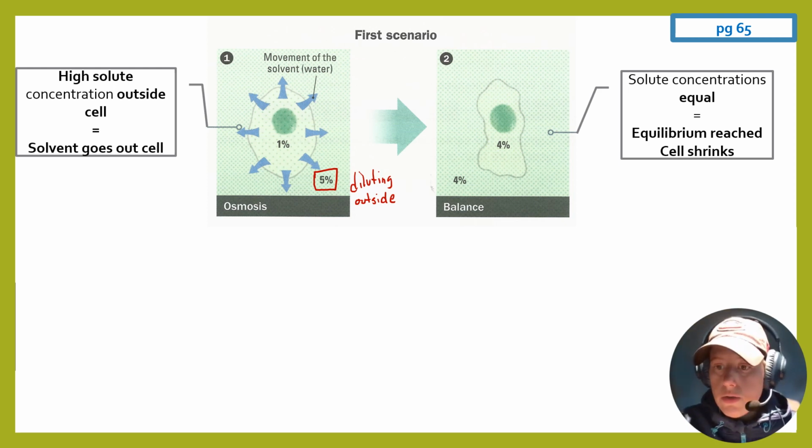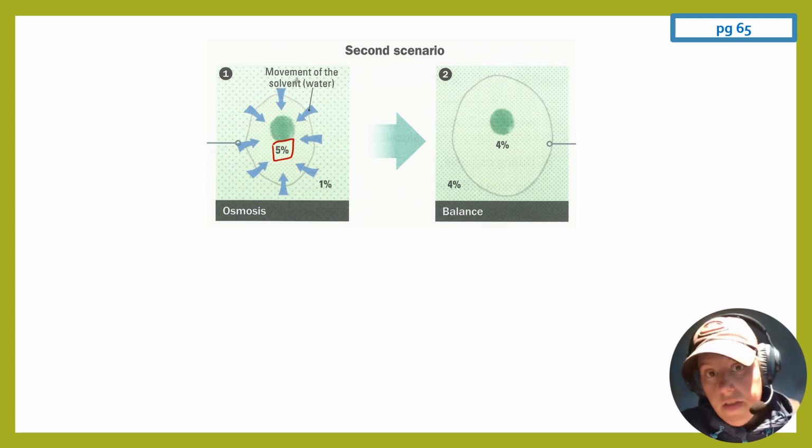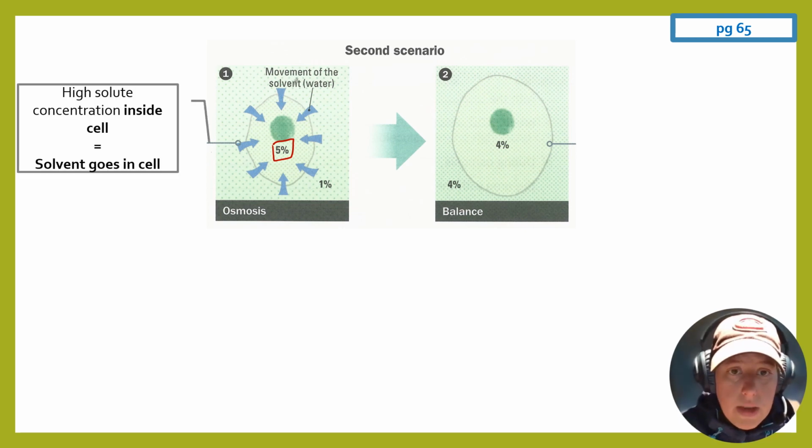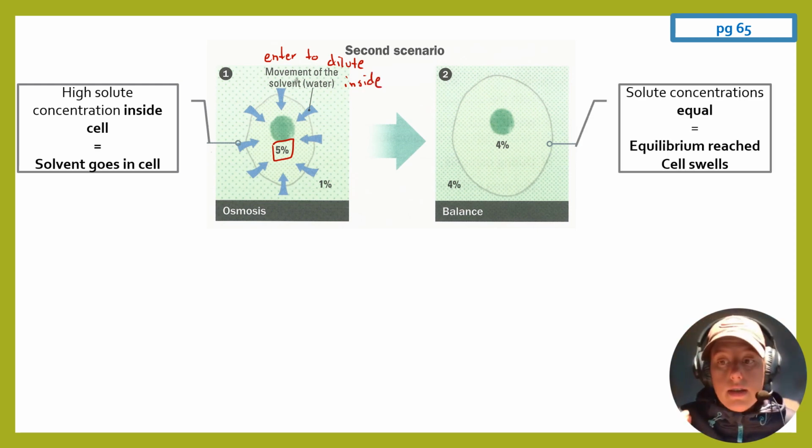But the opposite is also true if the situations were reversed. Let's say the high concentration is inside the cell. Again, the solute cannot leave easily, so the solvent needs to come in. That means water from outside needs to enter to dilute the inside. If it's entering to dilute the inside, the cell is going to get bigger.